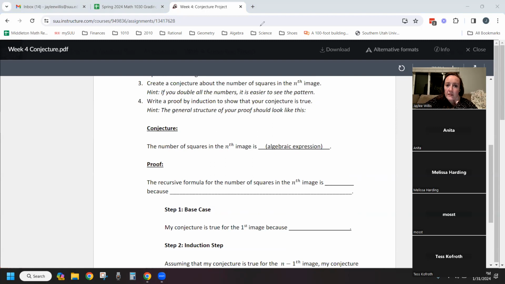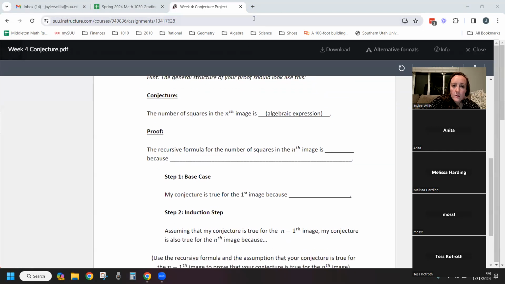I'll restate the conjecture up here because I forgot to write that in. Wouldn't we want to put a number in instead of the f of n-1? Wouldn't we want to put in like a 3 or something? You can do that to help you understand it, but if you put in a 3, this whole process would only prove that it's true for the 4th term.